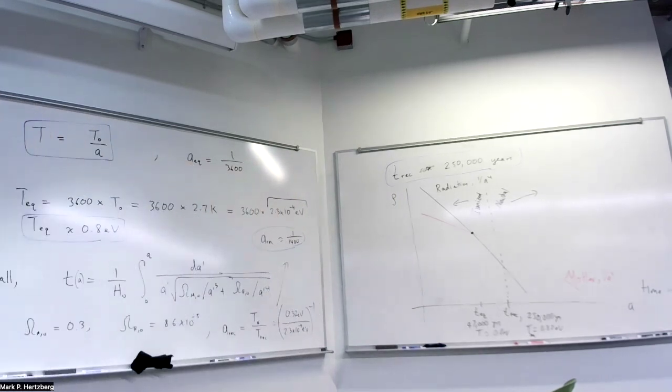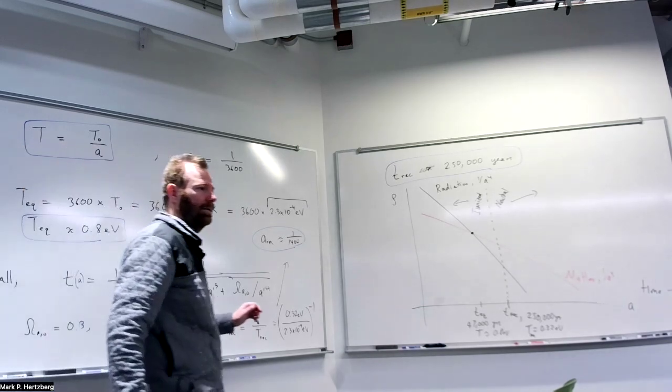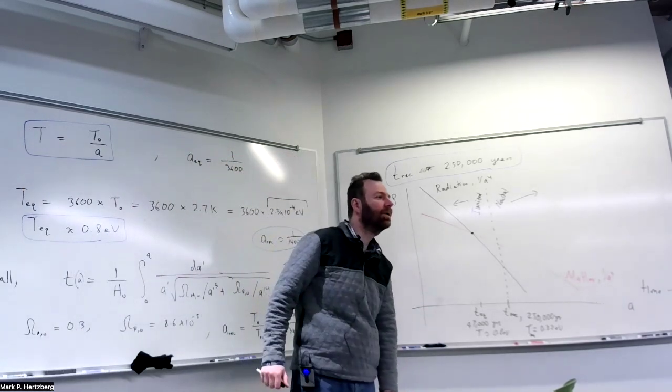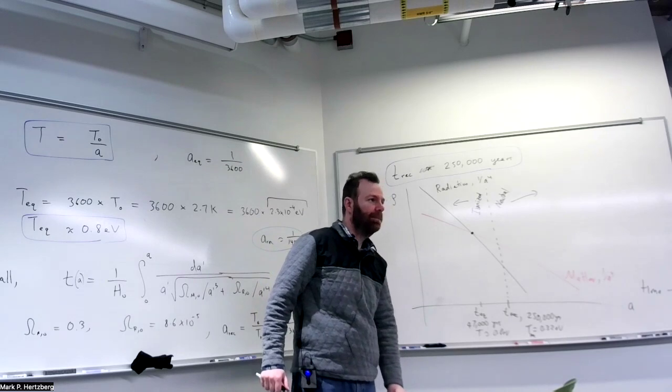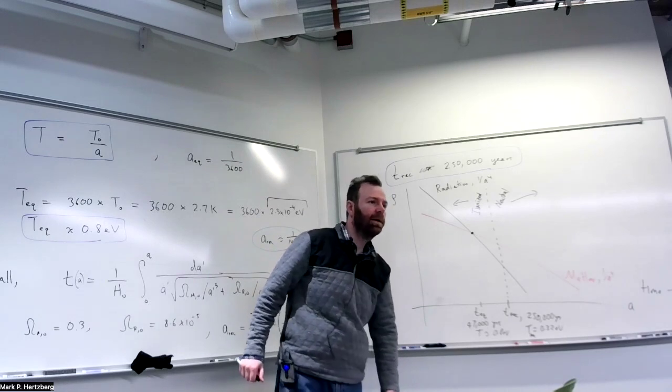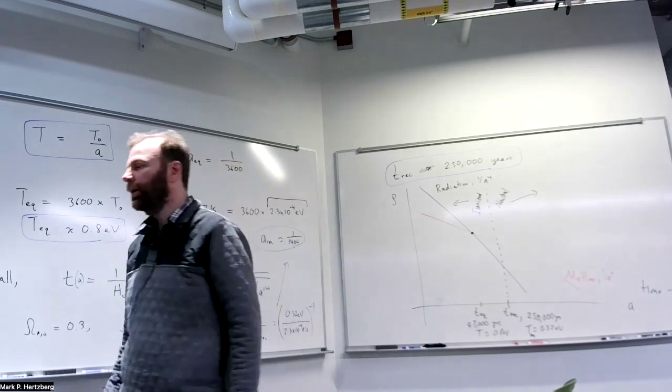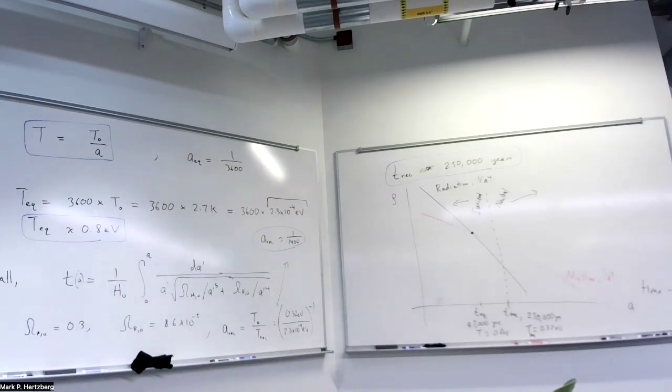Yeah, the temperature at this stage is 0.32 eV. So these are not low energy photons relative to the typical photon. In fact, these are moderately high energy photons, a factor of a few. That's right, exactly. Everyone follow that? We've got to always remember there's this baryon to photon ratio.